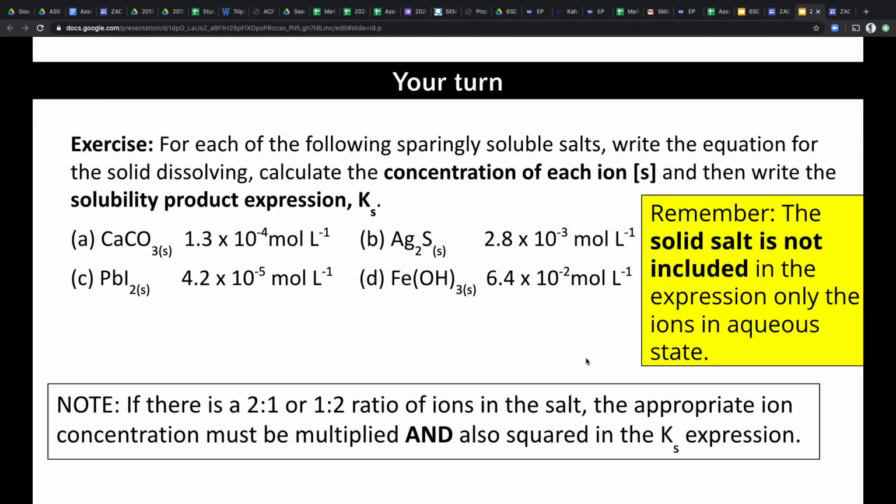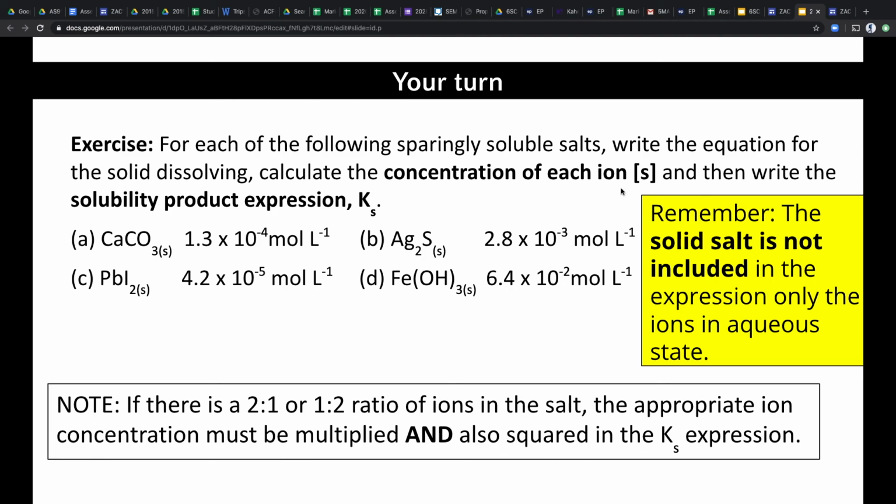So we're going to do the following 4 practice problems now, and then we'll take those up in a few minutes. So you have calcium carbonate, silver sulfide, lead iodide, iron hydroxide. You need to write the equation for the solid dissolving, write the solubility product expression, and there's a third thing I want you to do. I want you to calculate the concentration of each ion.